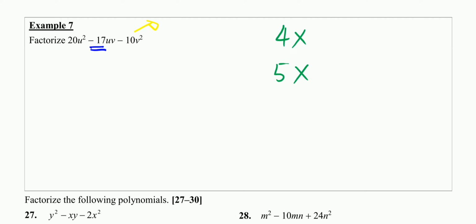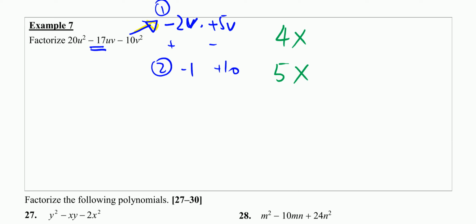And for 10v squared, we will have such combinations: 2v multiplied by positive 5v or this, and maybe number 2, 1, negative 1, positive 10, and interchange.